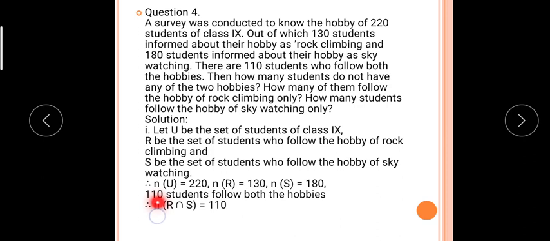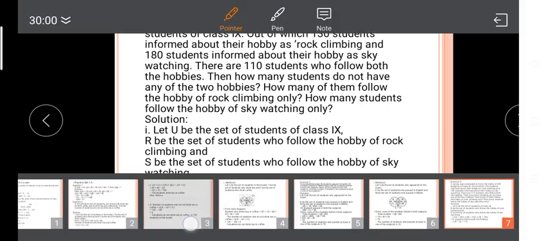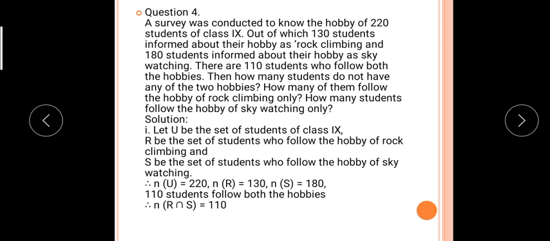So 110 is the number of students who follow both the hobbies, and therefore it is n(R intersection S). It means rock climbing intersection sky watching, those students who have both hobbies, and therefore it is equal to 110. So up to this, whatever I have given is the given information from the example.